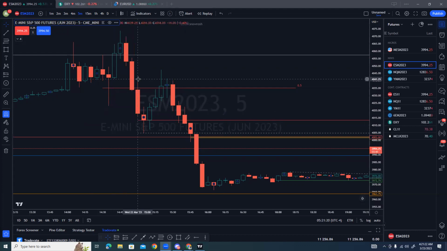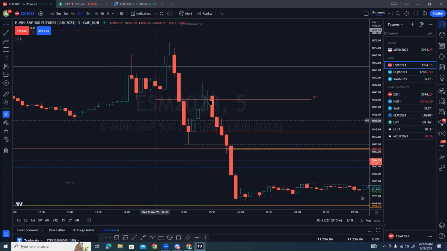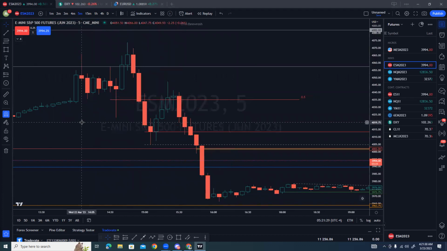But here's another thing. Is it the order block wick? This one?